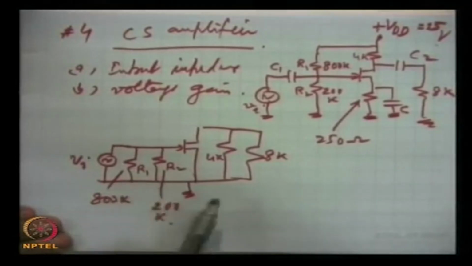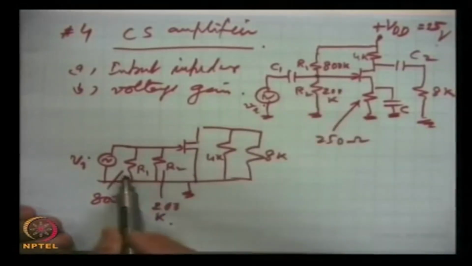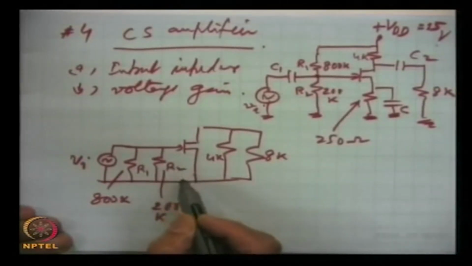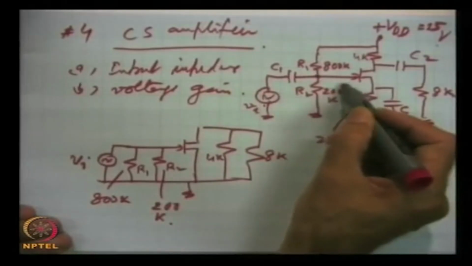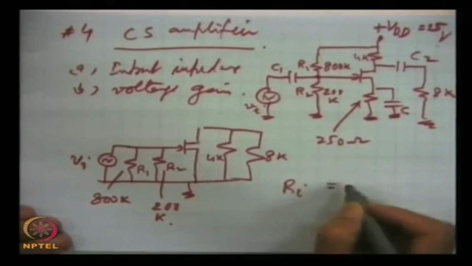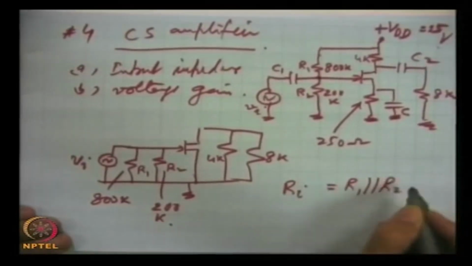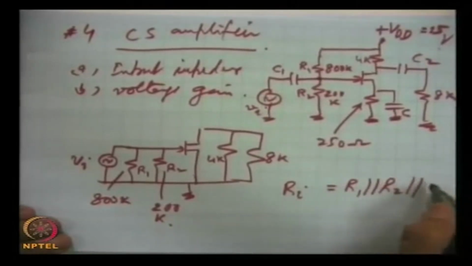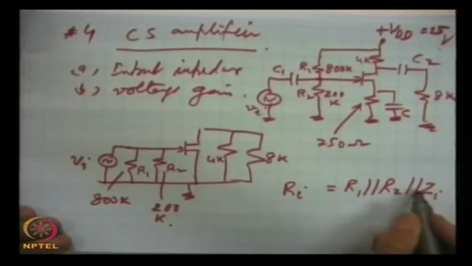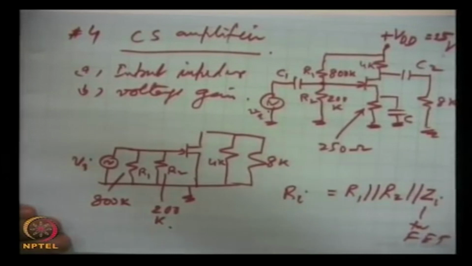Input impedance we are seeing in the equivalent circuit that they are coming in parallel, and to this will come the impedance of the device itself, the input here. So, the input impedance of the amplifier is R1 in parallel to R2 in parallel with the Zi of the device. This is for the FET, which is very high, and remember that in parallel combination very high resistances can be neglected.